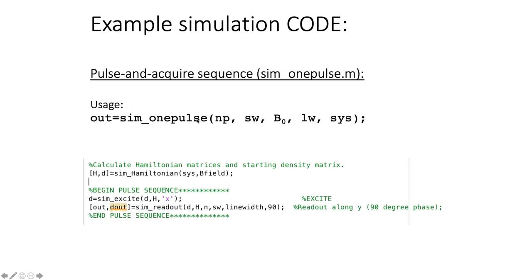And if you look into the code of this function, there is not much to it. There just is the sim Hamiltonian function, which essentially initializes the spin system and Hamiltonians, and then simply the excitation pulse followed by a readout. It really is just the excitation pulse and an acquisition.